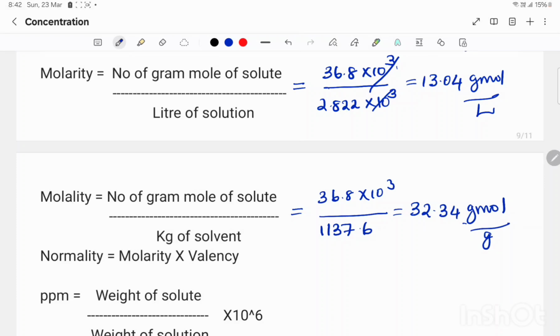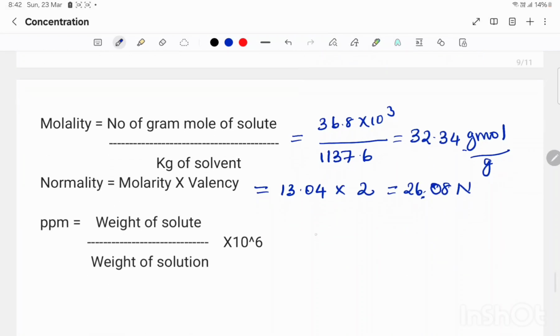Next, normality is calculated by using molarity into valence. Molarity is 13.04, and the valence of sulfuric acid is 2. So multiplied by 2 will give you 26.08 N.